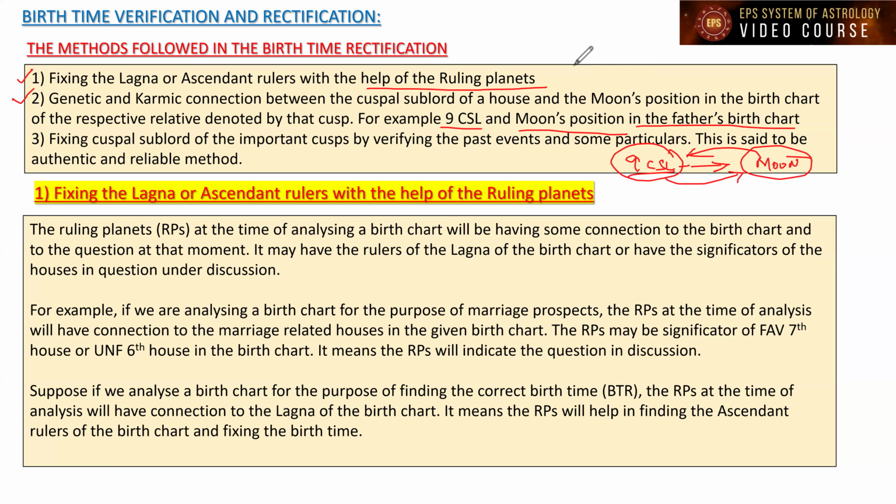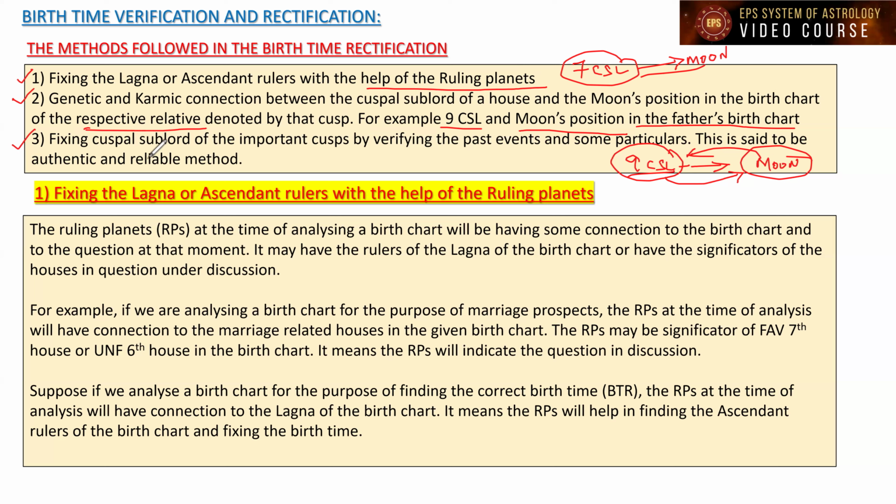So the seventh cuspal sublord will have a connection to the moon of the spouse. That is called a genetic and karmic connection between the cuspal sublord of your house and the moon position in the birth chart of the respective relative of that house. The seventh cusp's respective relative is the spouse. In that way, we are checking.